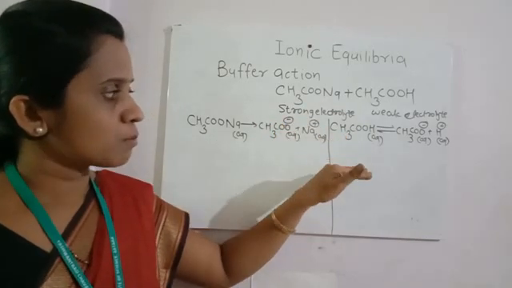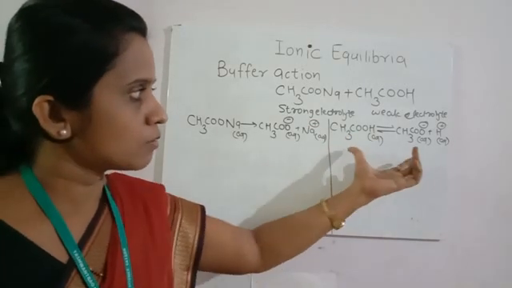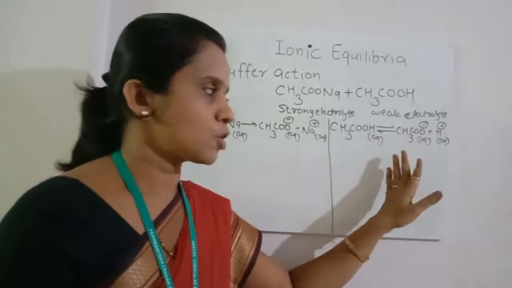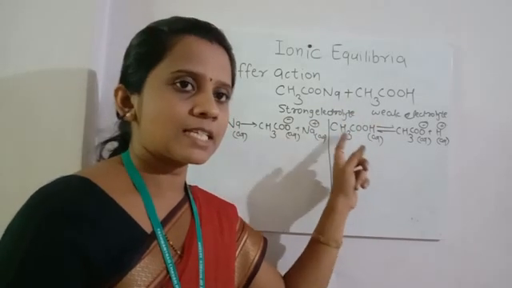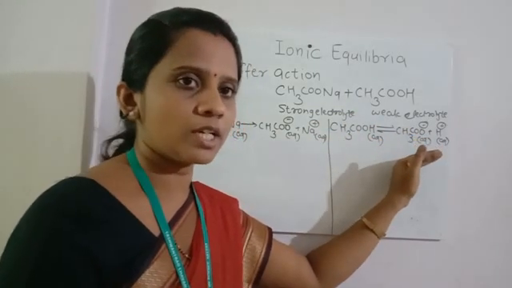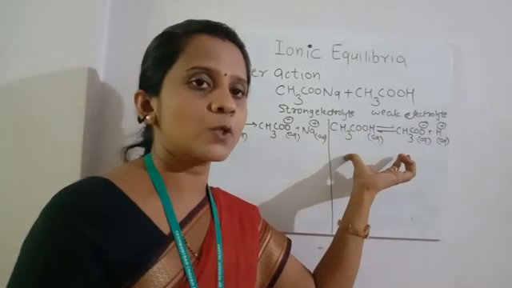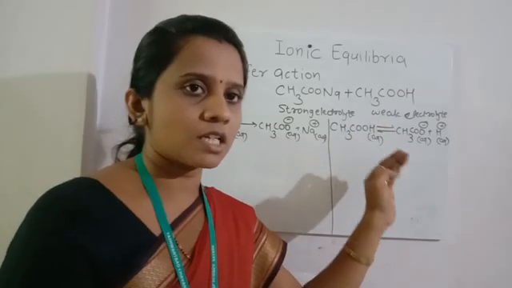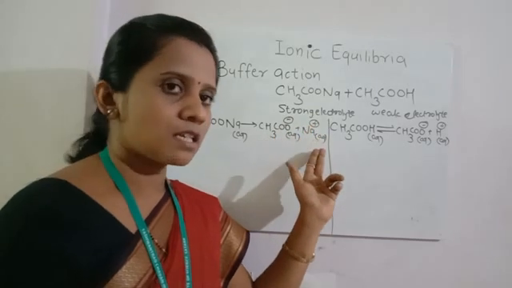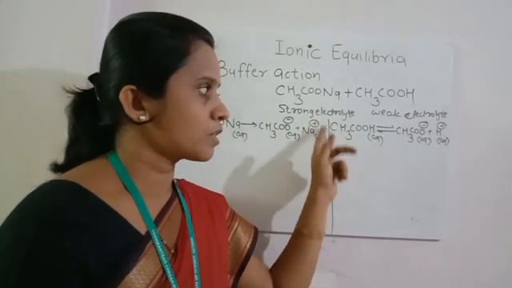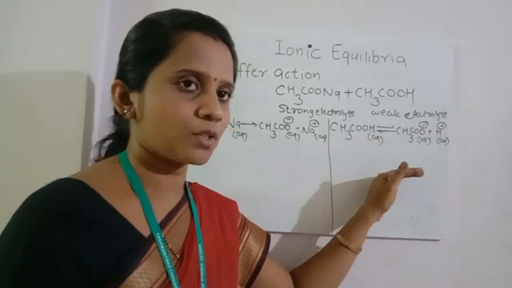Suppose small amount of strong acid is added. Now first, what we have to remember, there is partial dissociation. That means very small amount of acetic acid is converted into their corresponding ions. Most of the acetic acid molecules remain undissociated. That means in solution there is presence of what? Acetate ions, Na plus ions plus undissociated acetic acid molecules. Okay.